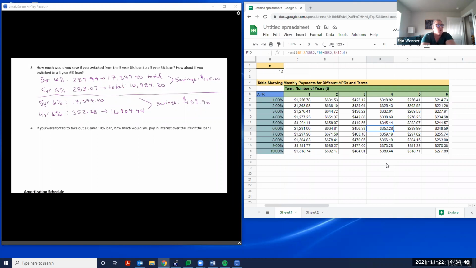So what is a bigger indicator here? I want you to think about this, of what's going to cost you more in the long run. Is it time or is it interest rates? Because we can see in the first one, we change our interest rate by 1%, what it changes by, versus if we change our loan by a year and what that changes by.